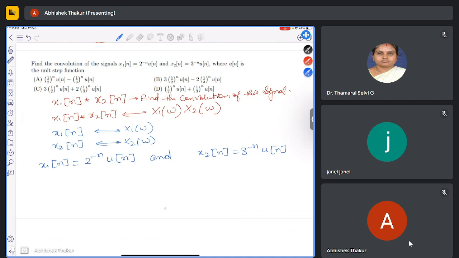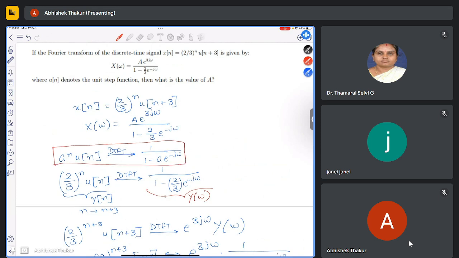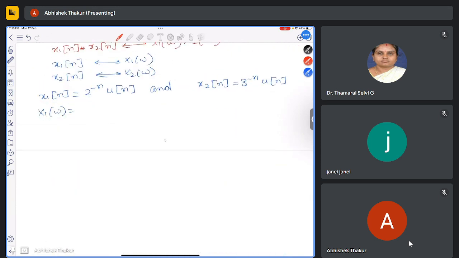So for the Fourier transform of x1[n], what will be our X1(omega)? This is simply a to the power of n u[n], like what we have done here. So this is very important. This will be 1 by 1 minus a e to the power of minus j omega.